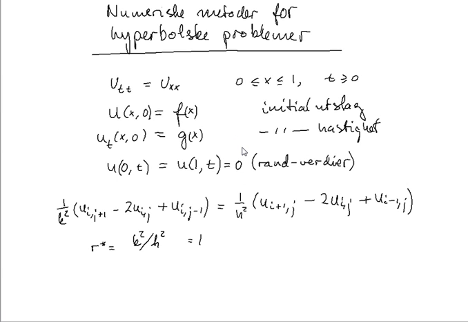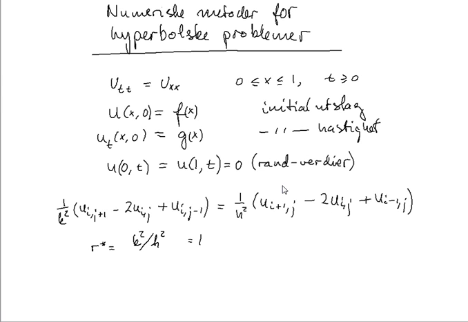So if we use h as the discretization step in x direction and k the discretization step in t direction, if you want to call it the t direction, then we obviously get this discretization equation.